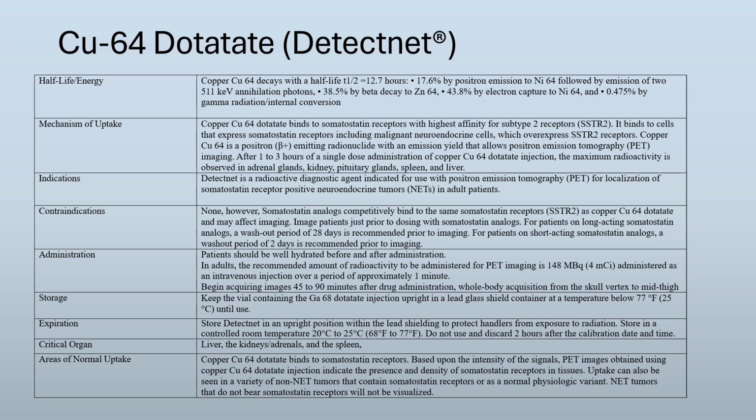This is the package insert for copper-64 dotatate, more commercially available as Detectnet. The half-life of copper is 12.7 hours. This is very beneficial in distribution to patients or to facilities that are not as close to a cyclotron, because it makes it a little bit easier to ship with that longer half-life.